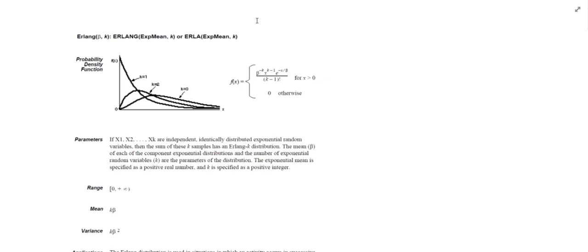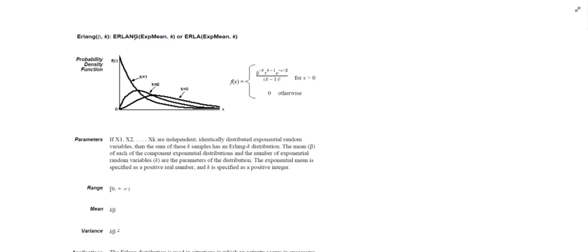They're identically distributed exponential random variables, so it's all exponential distributions. If I have that condition, then the sum of these k samples has an Erlang k distribution. The mean of each of the component exponential distributions and the number of exponential random variables are the parameters of the distribution. And that's what's shown up above.